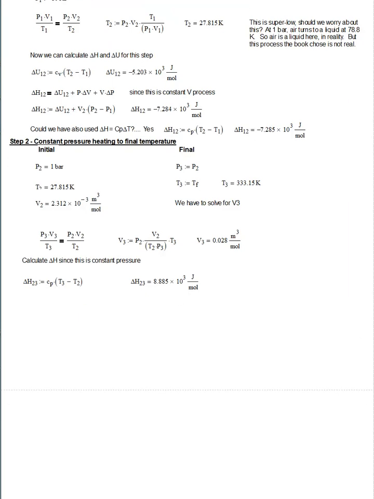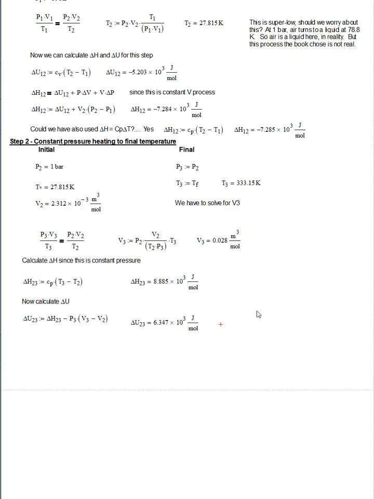Now we can calculate delta U. Again, you have two options for calculating delta U. You can do what the book did and pretend we don't know that delta U is a state function, and we can use this delta H equals delta U plus delta PV. Solve for delta U, and we get 6347 joules per mole.